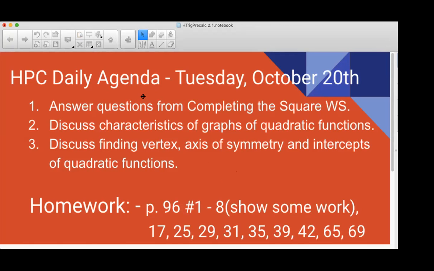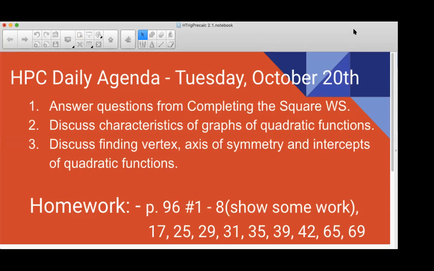So we'll take a peek first at number 5 from the homework. And then we'll see if we can apply that completing the square process to help us graph and find characteristics of quadratic functions.